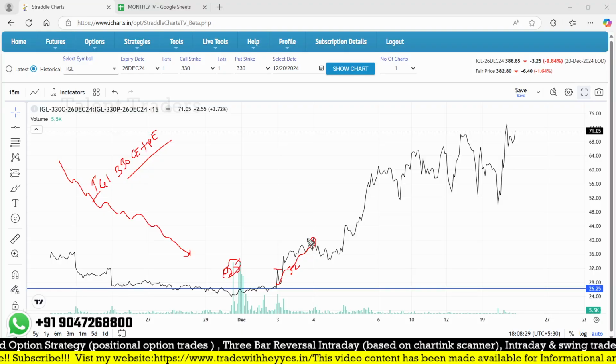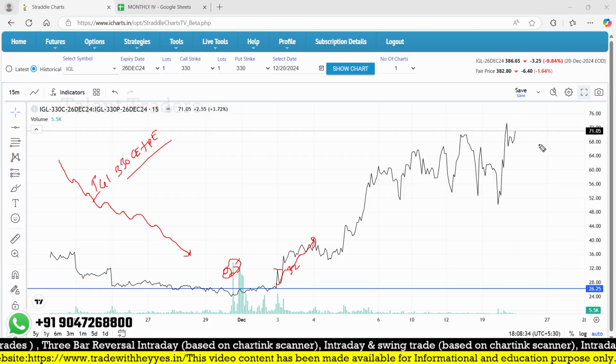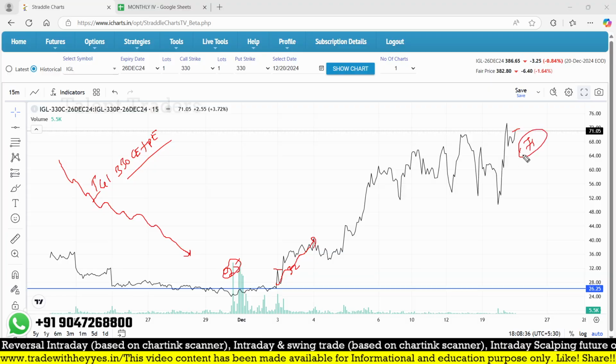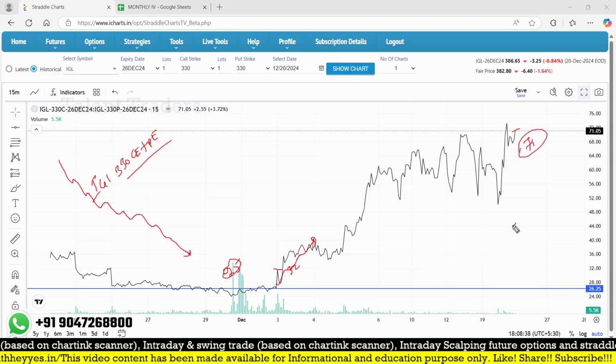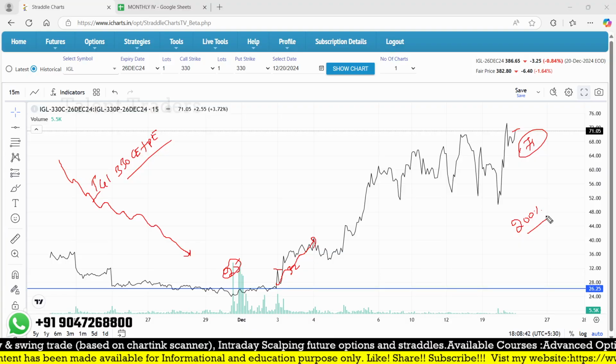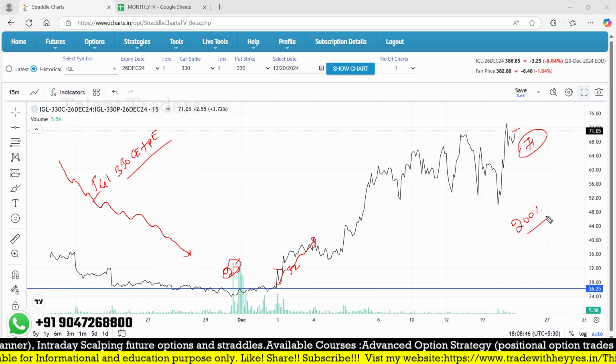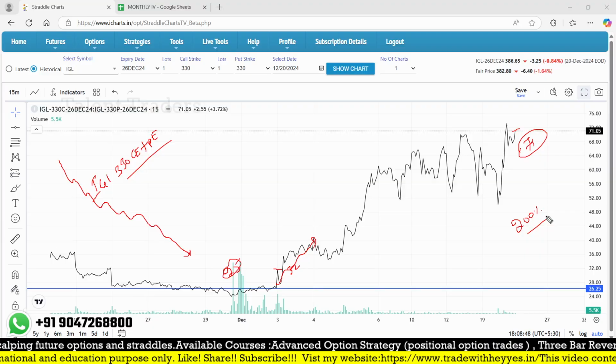So as per the strategy, if you are planning on a non-directional basis, from 26 it closed at 71 on December. So almost 200% the straddle premium increases. We don't know whether the call option increases or the put option increases. One option will increase and the opposite option will decrease.